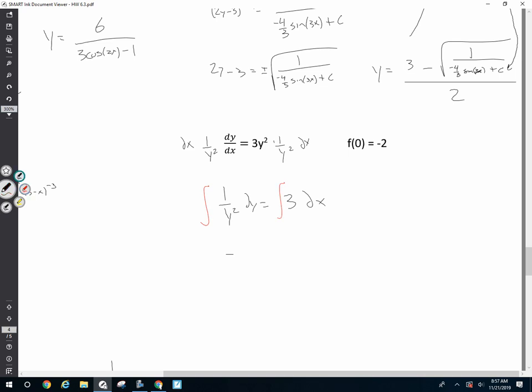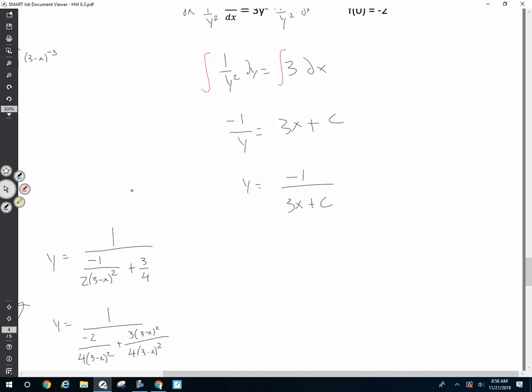The antiderivative of the right side, it's 3x plus c. Flip it, take the opposite. You got 0, negative 2. C is going to equal half. Take the opposite, flip it.